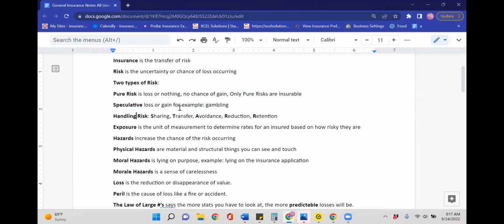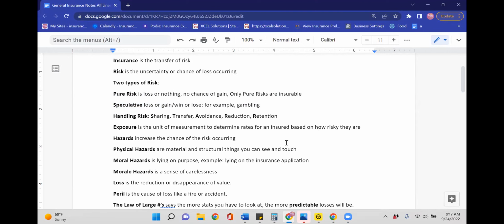Okay. The other type of risk. A speculative risk is a type of risk where you could win or lose. So there's loss or gain, or win and lose. For example, gambling. Speculative is loss or gain, win or lose.